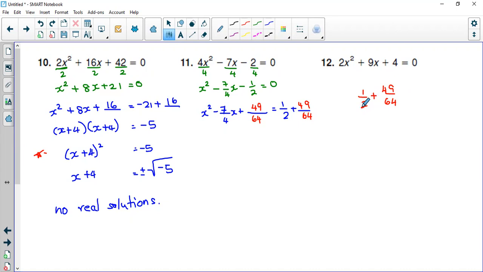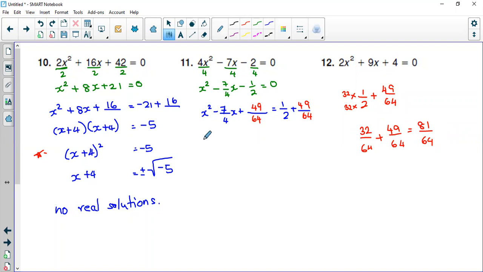So to change this denominator into 64, you have to multiply the numerator with 32. Now, if you multiply the denominator with 32, you're going to multiply the numerator as well. So it's going to be 32 divided by 64 plus 49 over 64, which would give you 81 over 64.